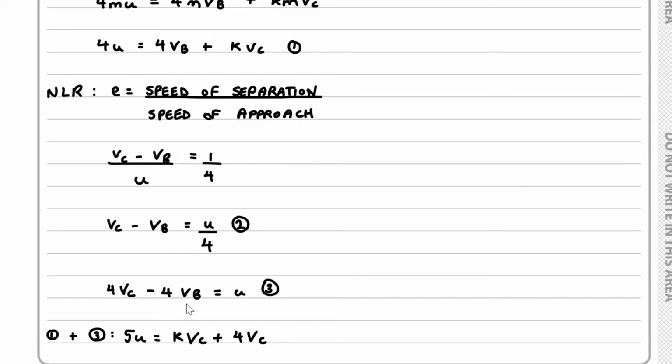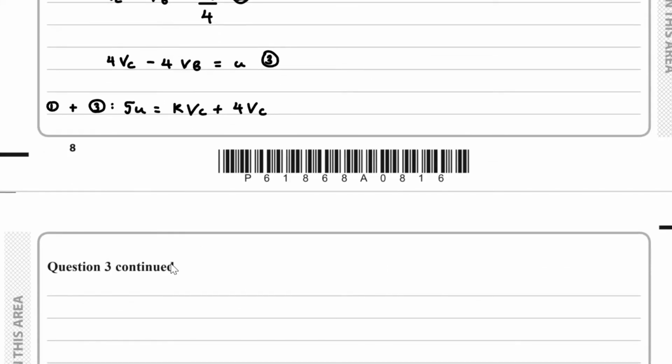We've got 4vB minus 4vB, those will cancel out. So we're left with this equation here. So if we tidy all of this up, we can factorize out a vC on the right hand side. So we've got 5u equals vC multiplied by k plus 4. And now if we divide through by k plus 4, we can see then vC is equal to 5u over k plus 4. We'll call this equation 4.